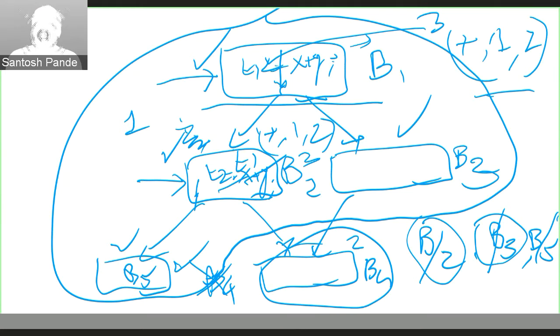At this point, whenever we are done with the value numbering of B5, we will remove its local tables and expose the context from which it came. What is the context? The context will be B1, B2 context. And at this particular point where I'm drawing this arrow, the tables which hold the context of B1's value numbering followed by B2's value numbering will get exposed.